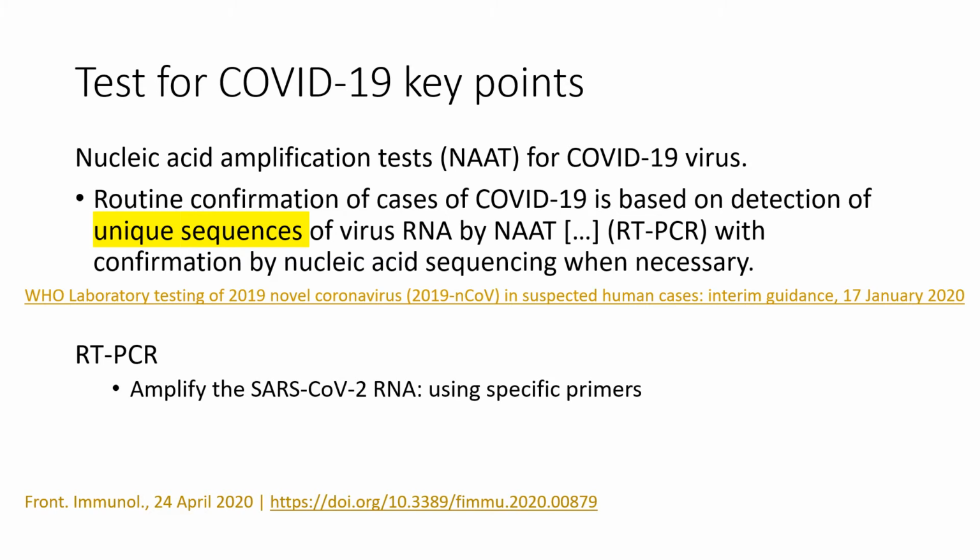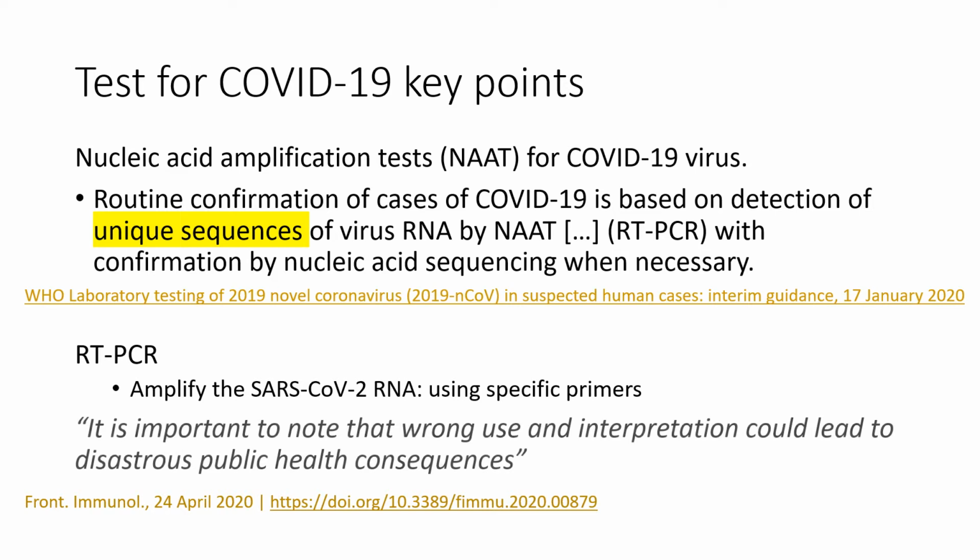But also another thing you need to understand is, again, for the RT-PCR, from Frontiers in Immunology, they published the importance of using specific primers. It is important to note, they conclude, that wrong use and interpretation could lead to disastrous public health consequences. So we need to understand what testing is being done, which primers are being used. Am I really going for the SARS-CoV-2 RNA?